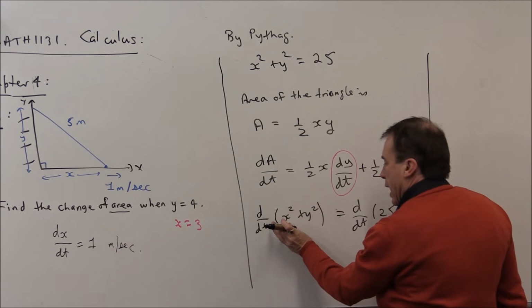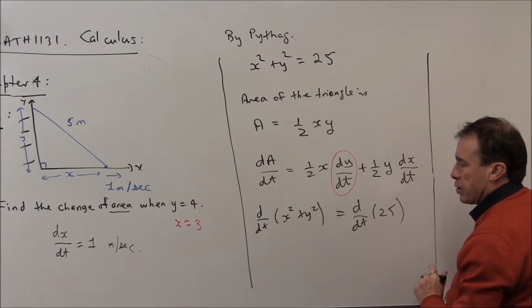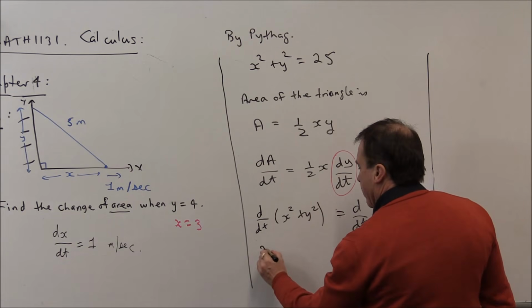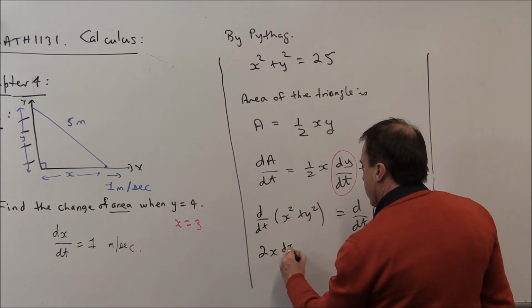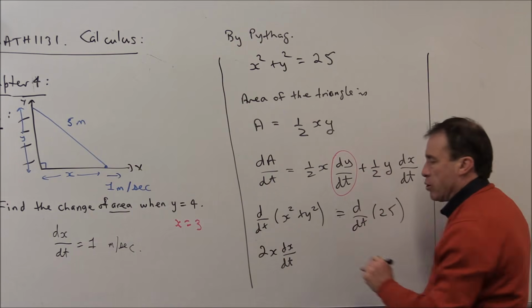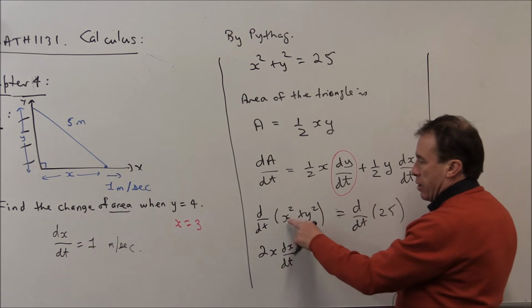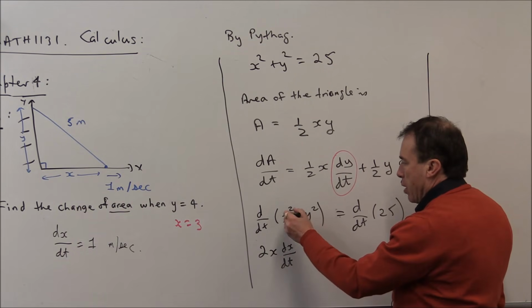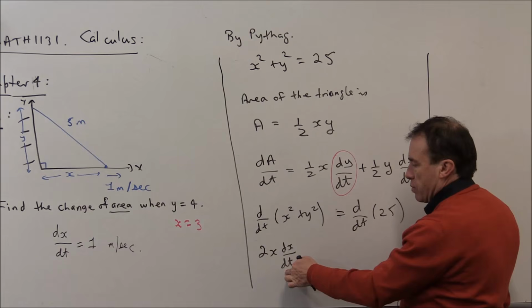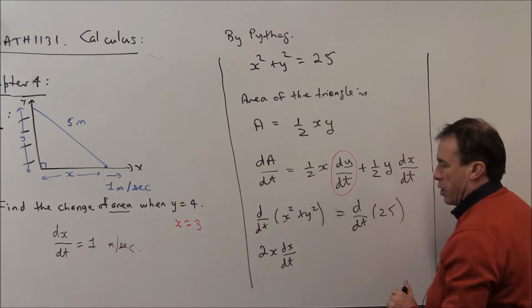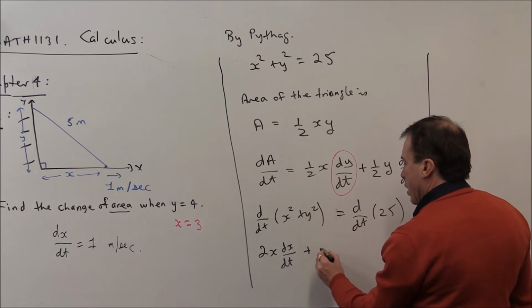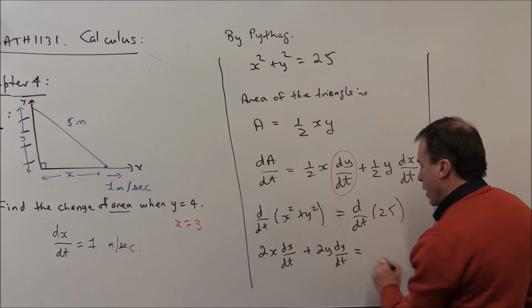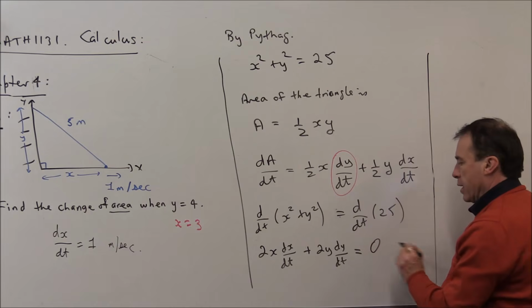So I differentiate x squared, remembering x is a function of t. So I get 2x dx/dt. Notice I'm using implicit differentiation. x squared becomes 2x, multiplied by the derivative of x with respect to t, which I write as dx/dt. We do the same with the y squared, which becomes 2y dy/dt. And I differentiate a constant, I get 0.